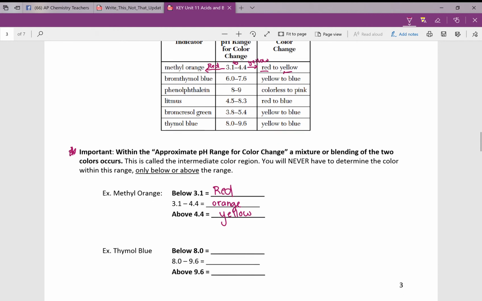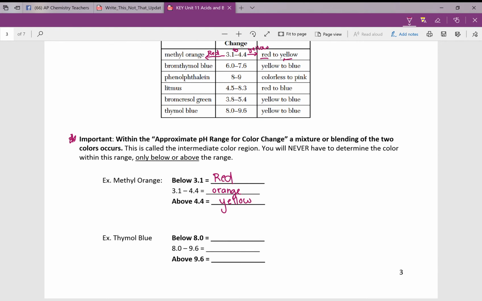If I look at thymol blue, with thymol blue we have 8.0, and it changes through 9.6. So again, I only care what color it's going to be below that range or above it. Anything that's less than 8 is going to be the first color, yellow.